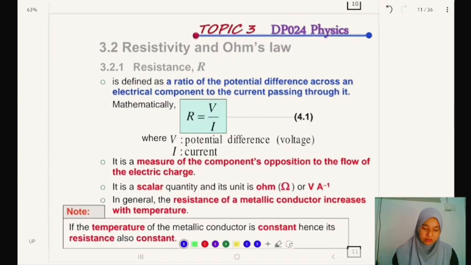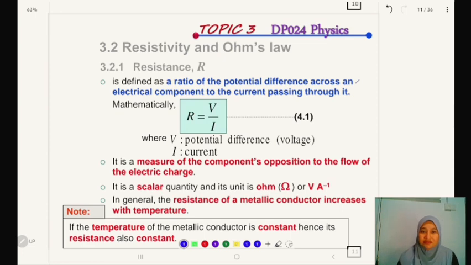Okay, let's move to the second part: resistivity and Ohm's law. Resistivity, I'm not sure what it is in Malay. Resistance is defined as the ratio of potential difference across an electrical component to the current passing through it.